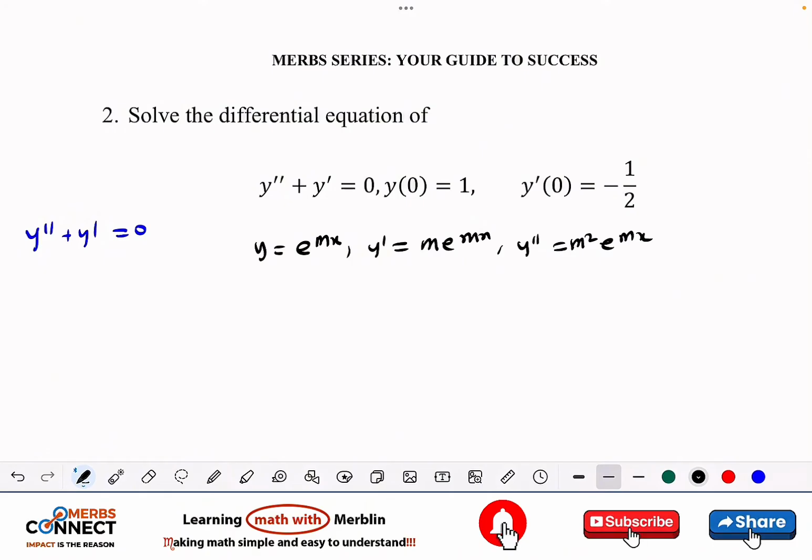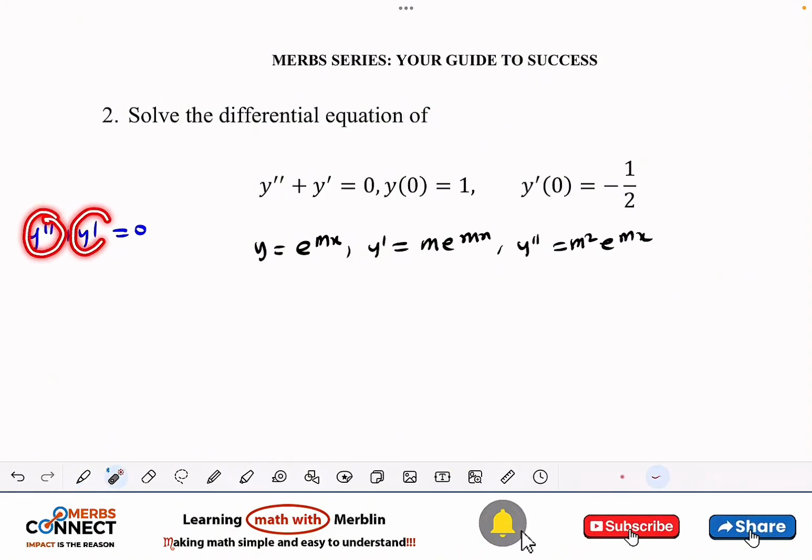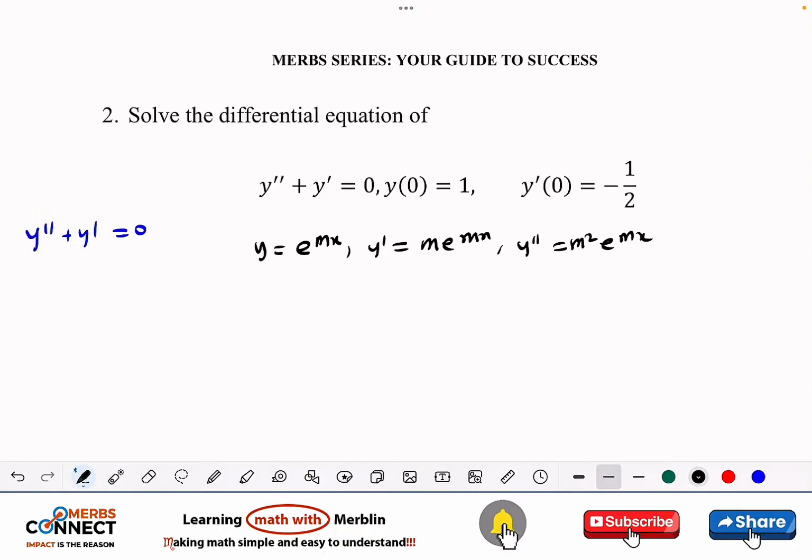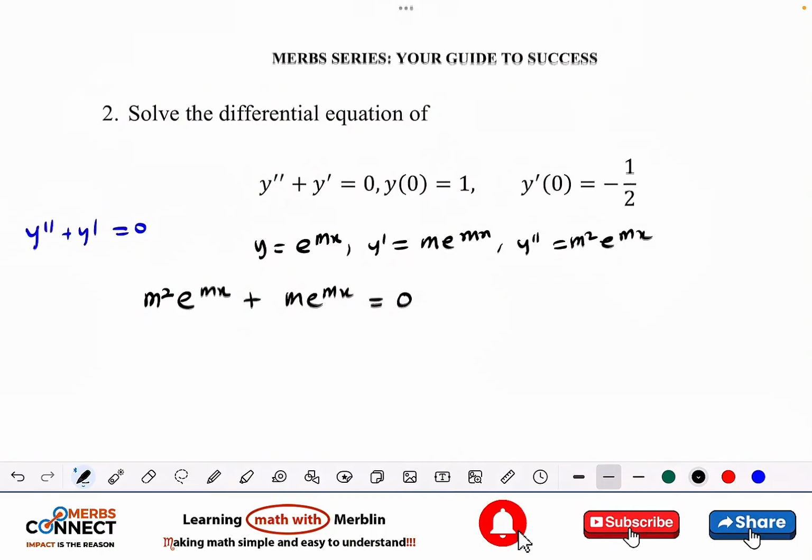It's the same process. When I do the substitution, here we don't have y, so I'm going to have m squared e to the power mx plus m e to the power mx, which is equal to 0.